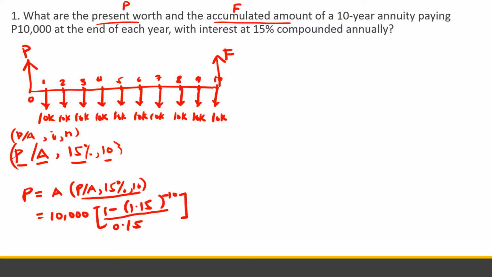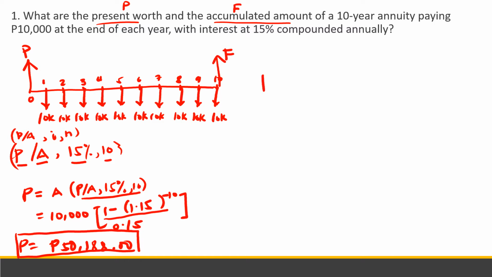And this is equal to 50,188. So this is the present worth nung 10,000 na payment. For example, if I want to receive 10K every year for 10 years, I will deposit today 50,188 pesos para makareceive ako ng 10K every year.